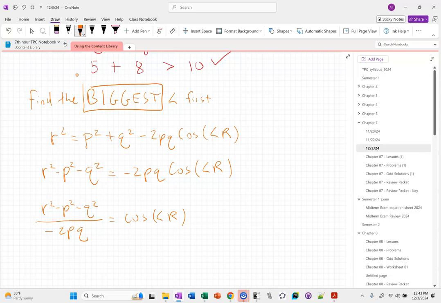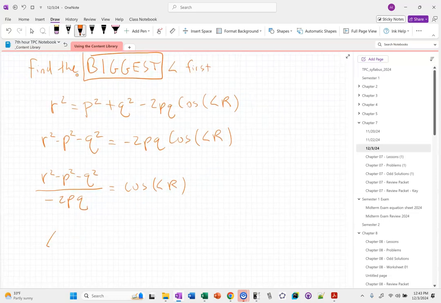And then my final step would be to do the cosine inverse of both sides to get that angle R by itself. I'm just going to change the order and write angle R first here. Everybody see that I just reflected the equal sign is all I did there.